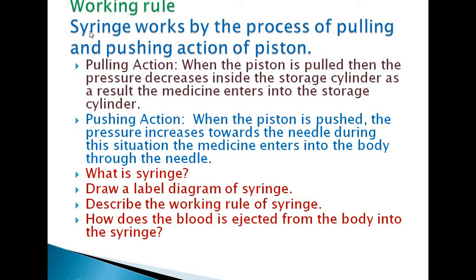Okay, working rule. Syringe works by the pulling and pushing action of the piston. As I already told you, pulling action: when the piston is pulled, the pressure decreases inside the storage cylinder. As a result, the medicine enters into the storage cylinder.